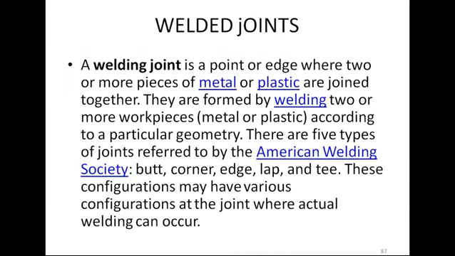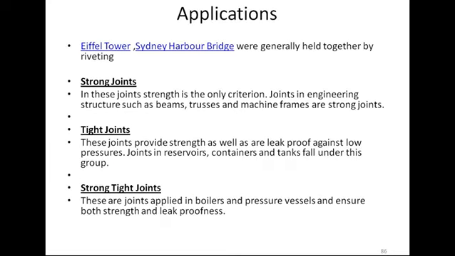In the next lecture we are going to see the welded joint. Today we have learned about the riveted joint. Just in short, I am going to revise what we have learned today. There are two types of joints: one is the permanent joint and the second is the non-permanent joint.